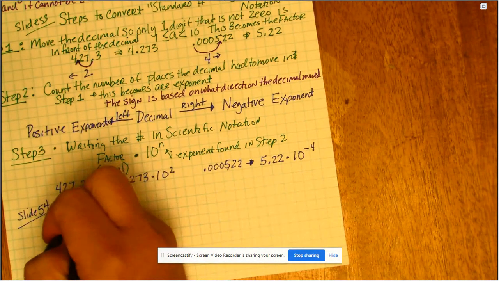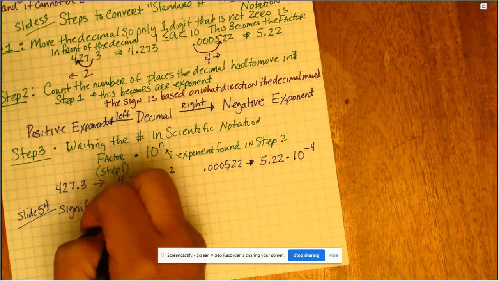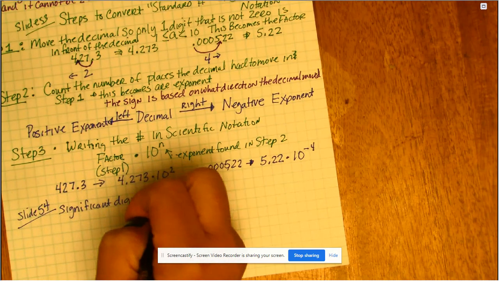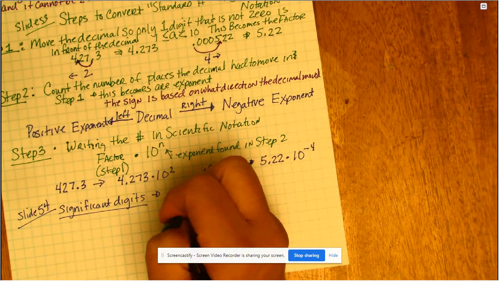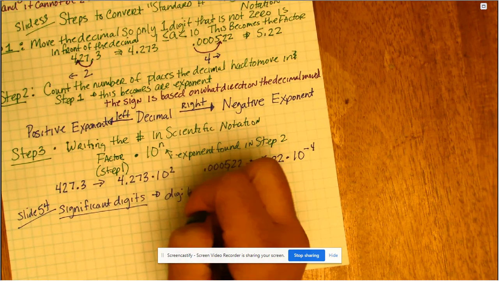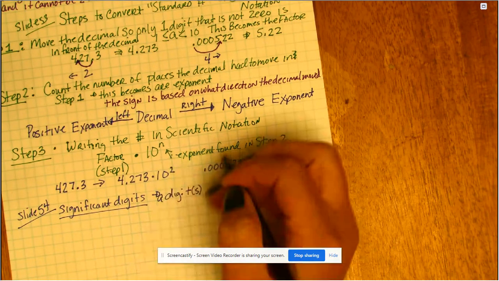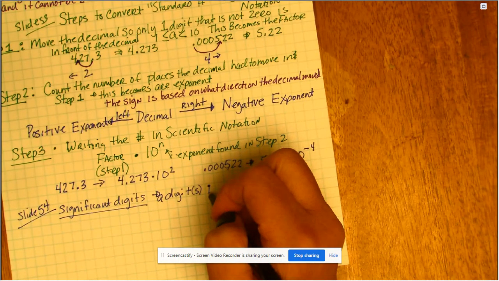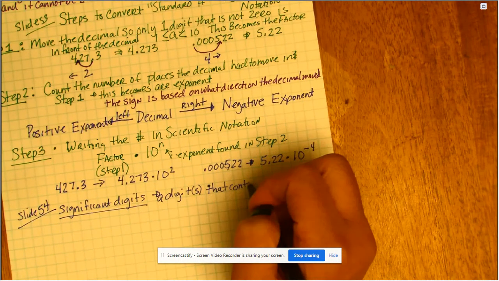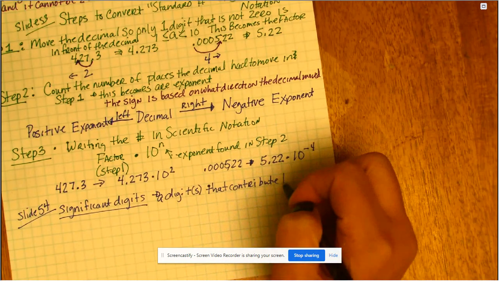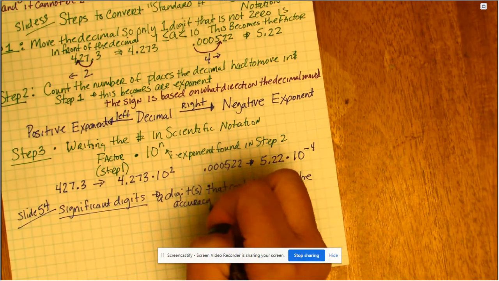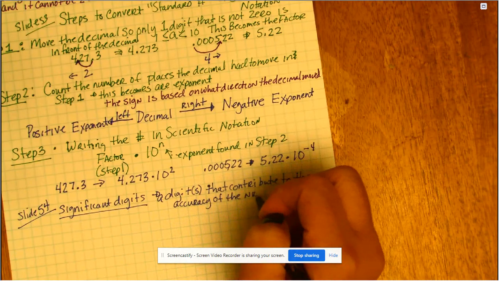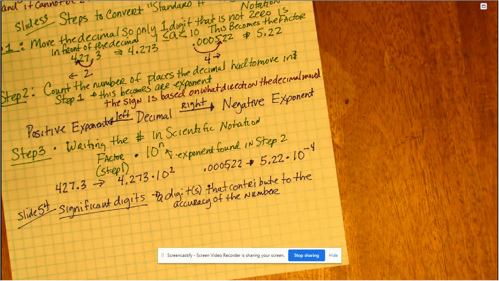And we determined that significant digits are a digit or digits that contribute to the accuracy of the number. Right? In other words, we're not estimating. So we want to be precise.